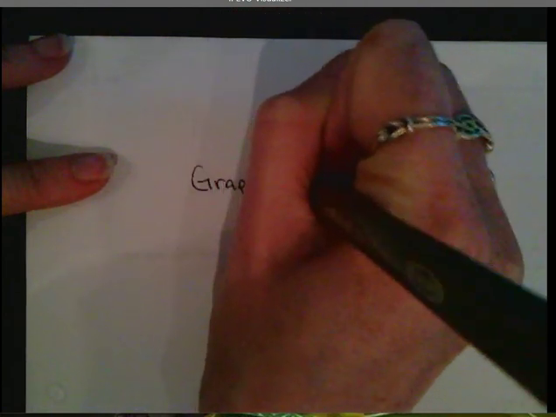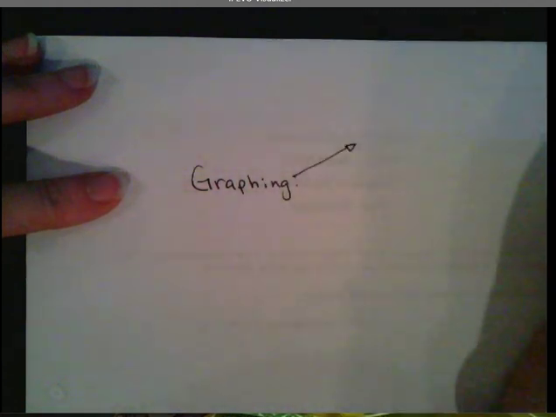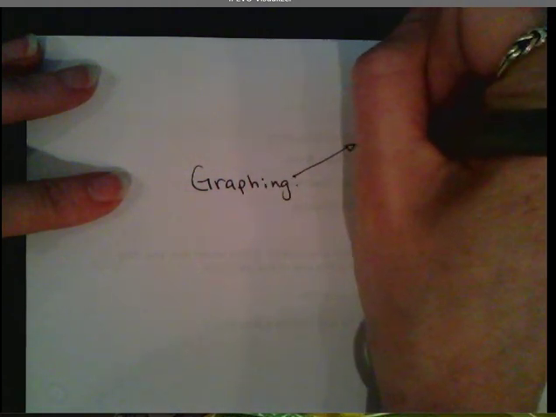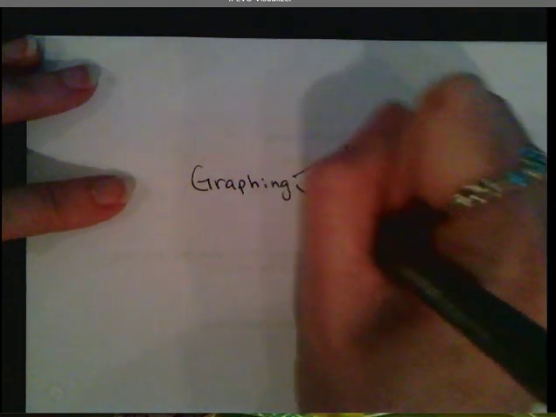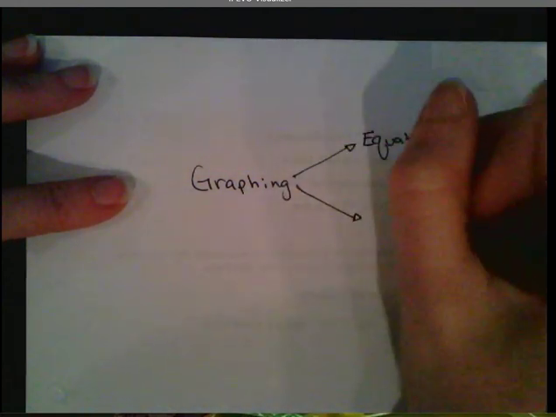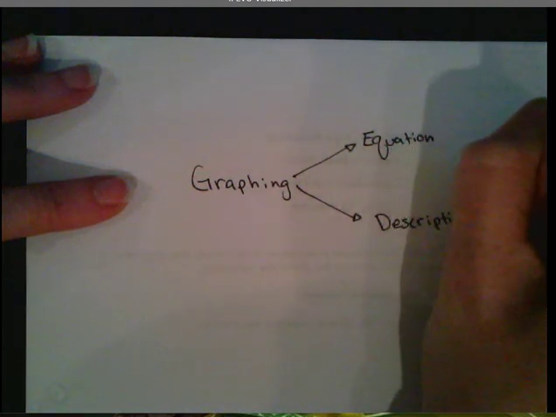So, for graphing, the key thing is we can go between a lot of our stuff with graphing. So I could be at graphing, but it could also be related to me using an equation. Or it could be saying, hey, you're going to create a description of this from your graph.